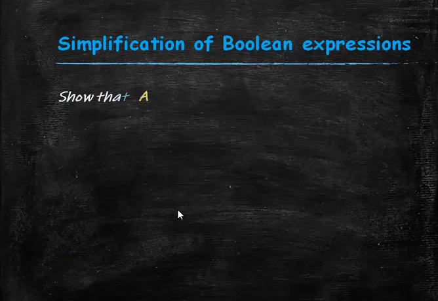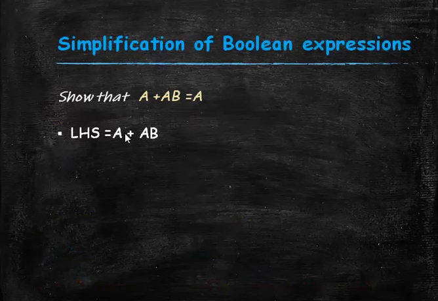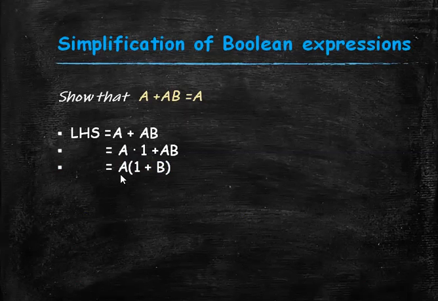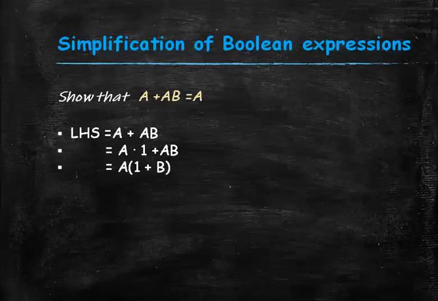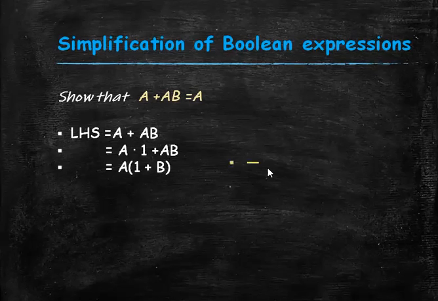Okay, so we go to the first one, that is show that A or AB is equal to A. To reduce this expression, we can express this A as A into 1 plus AB, and in the next step we take A common from the two terms, then we write A into 1 plus B, and we know that using Boolean algebra 1 or B is equal to 1.